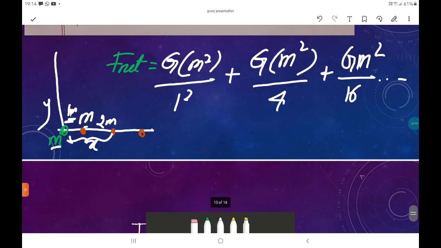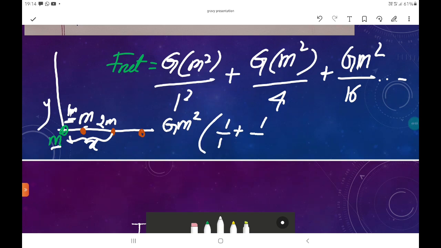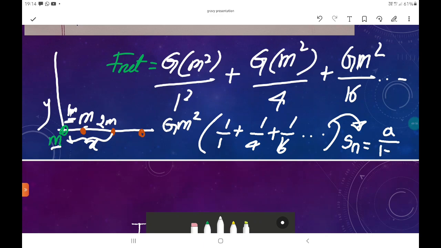So for adding geometric progressions, take Gm square out common: 1 by 1 plus 1 by 4 plus 1 by 16 and so on. To solve this infinite sum, you just need to use this formula. The net sum will be a upon 1 minus r. So what is a? The first number.